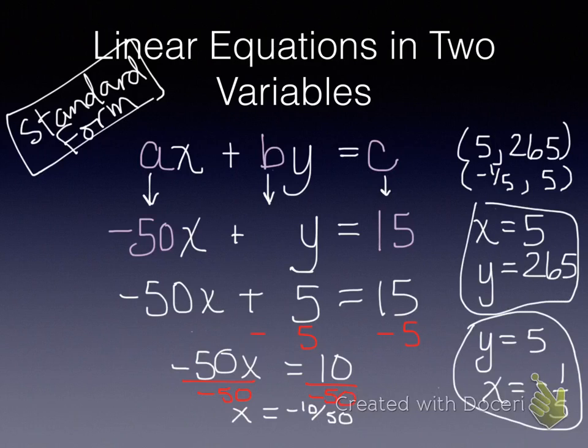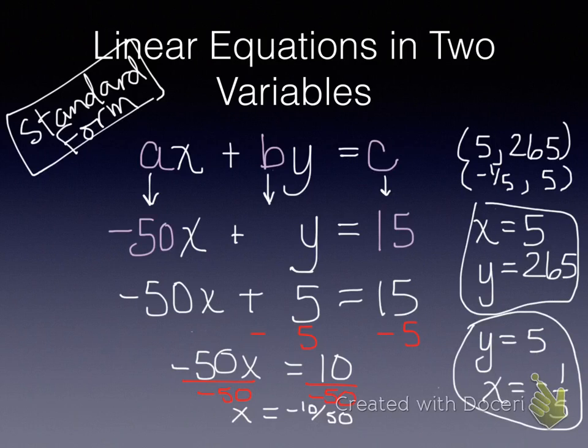So before we move on to the next section here in your classwork, why don't you try to find another xy pair that would work in this equation. You could choose something for x and solve for y, and then you could choose something for y and solve for x.